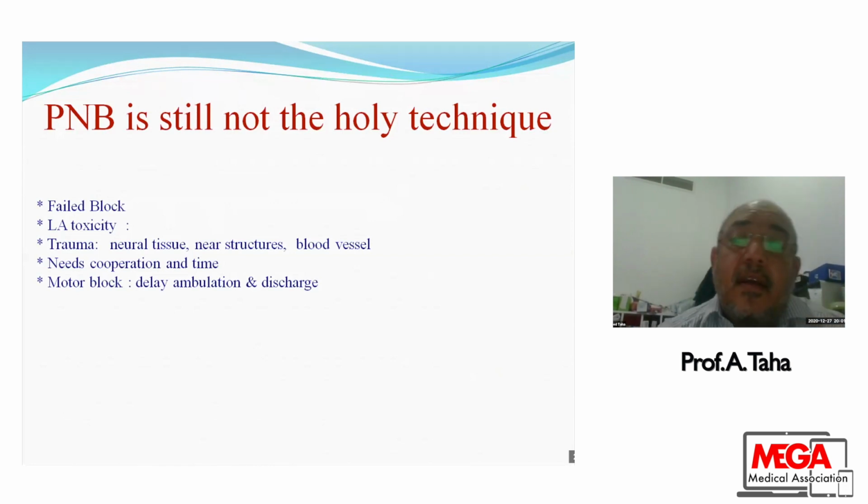Nerve block has some disadvantages: block failure, local anesthetic toxicity, the onset of the block may need time, and ambulation of the patient after motor block of the lower limb may be delayed. Inshallah, I will do a presentation soon regarding how to minimize these complications.